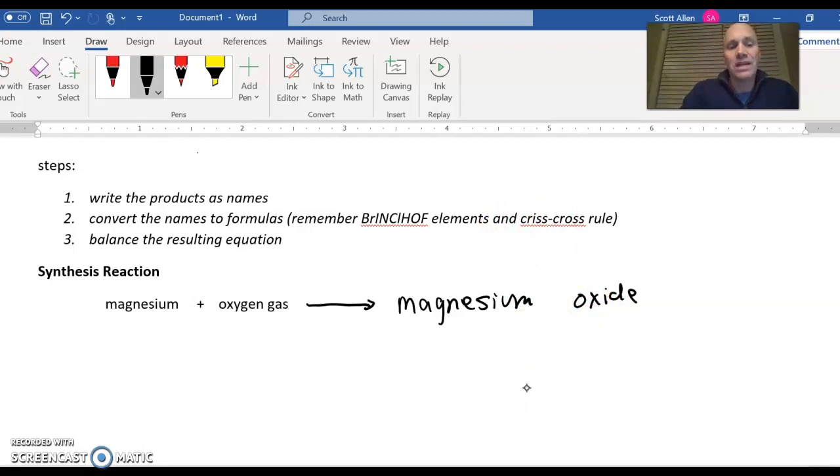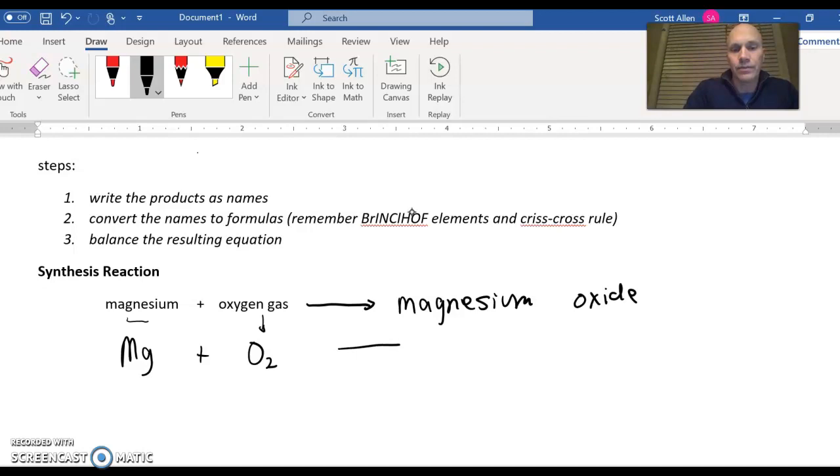So magnesium. Would its formula just be plain old Mg? Well, the answer to that comes down to whether or not it's a Brinkelhoff element, and notice that Mg is not one of these elements right here. We then want to convert the next thing, oxygen gas, and notice that oxygen is one of the Brinkelhoff elements. So when you have oxygen in its pure elemental form, it exists as O2.